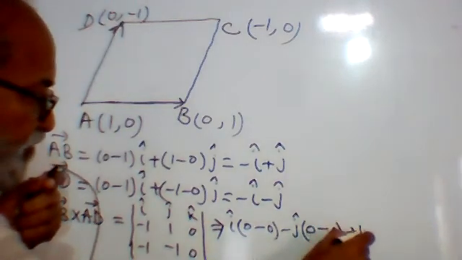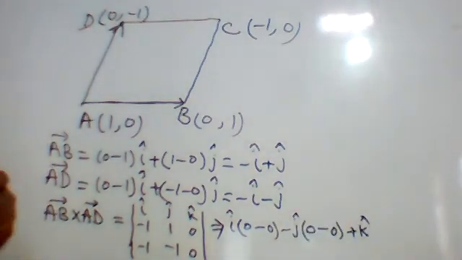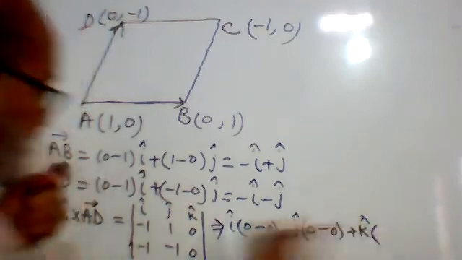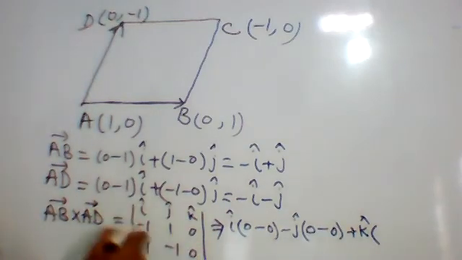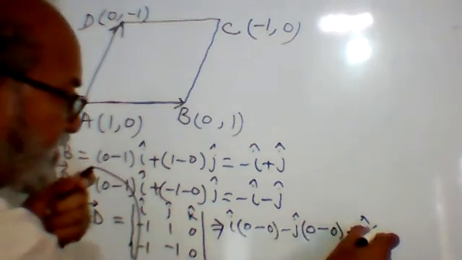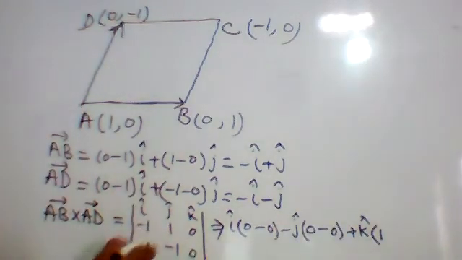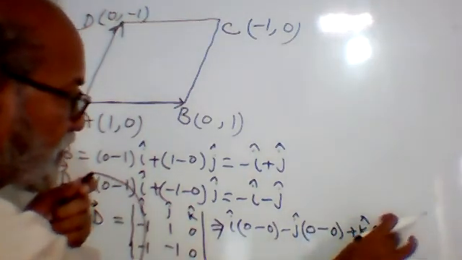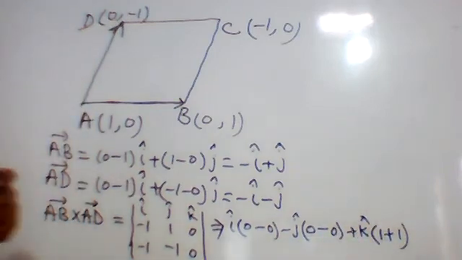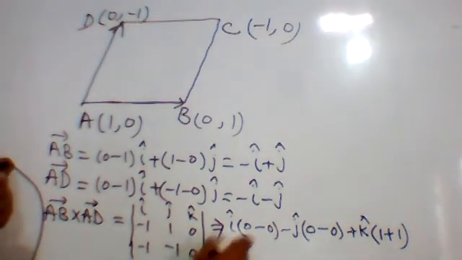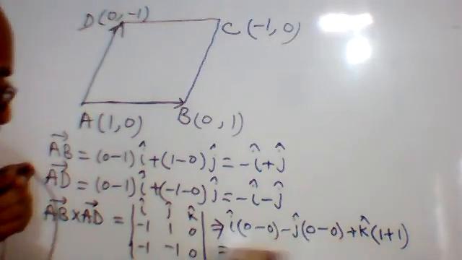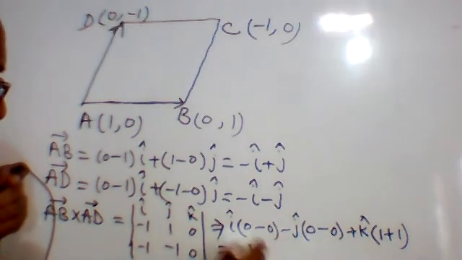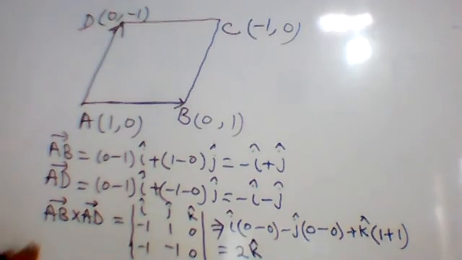Plus k: minus 1 into minus 1 is 1, 1 minus minus 1 is plus 1, so 2k. This is the vector area.